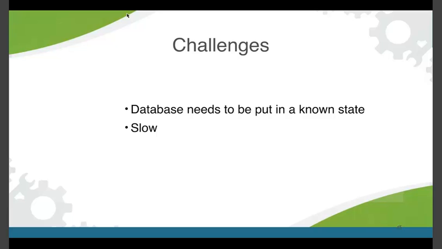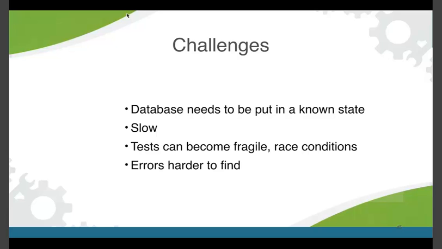This is much slower, of course, because it's not just pure JavaScript anymore. It's the complete DOM and database and server-side code. So lots of things can happen along the way. Tests can very easily become fragile. There can be race conditions in many places in this stack, and errors will probably be harder to find. But of course, there's still great value to this type of test. But it's good to know the challenges.